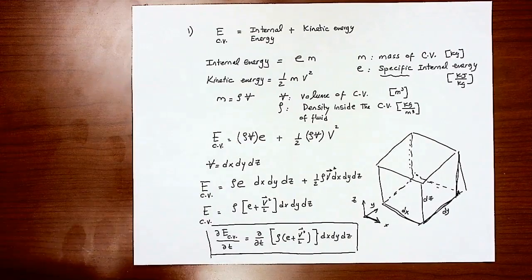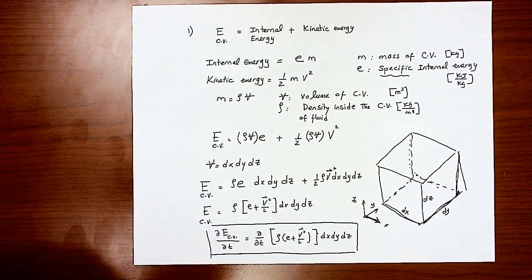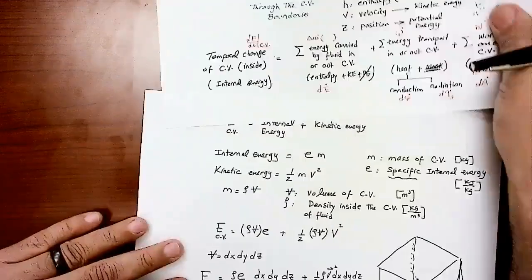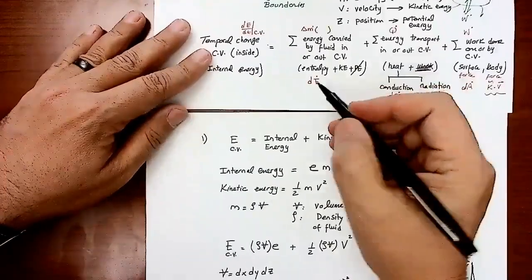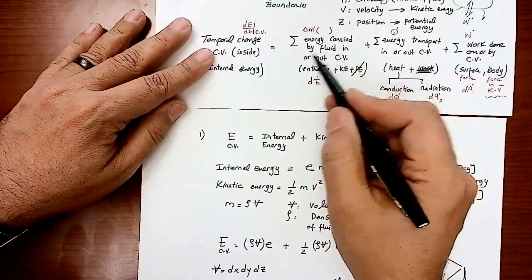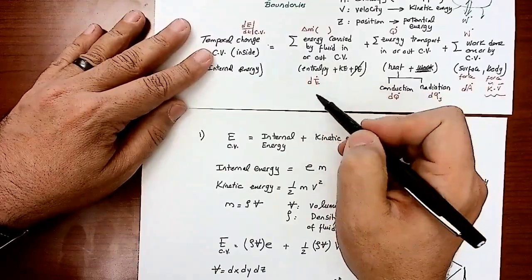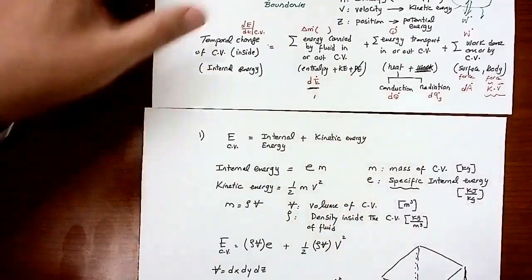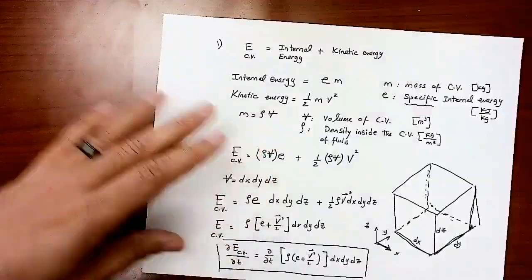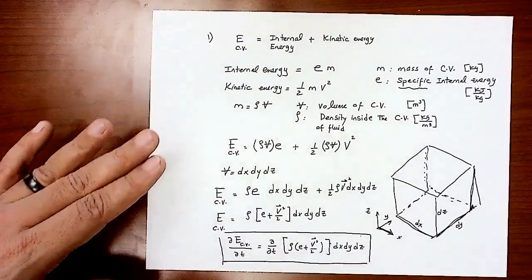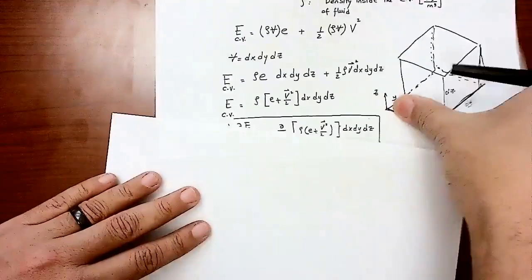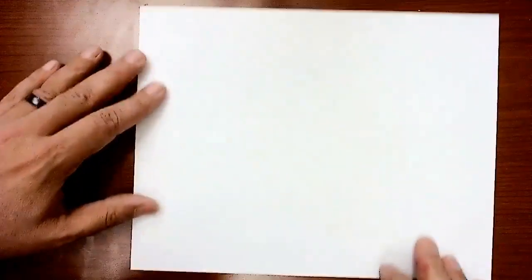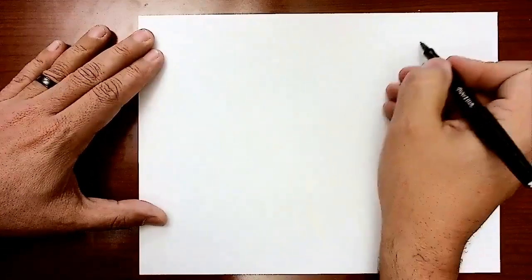The second term that I would like to go to is the term dE, which is the energy carried by the fluid in and out through the boundaries of that control volume. So I would like to derive that term next. Remember, we're still dealing with the control volume of a cubical shape, right?